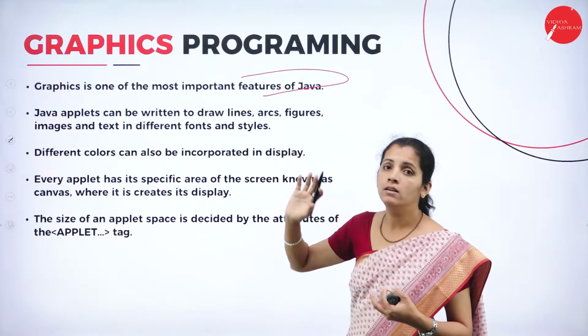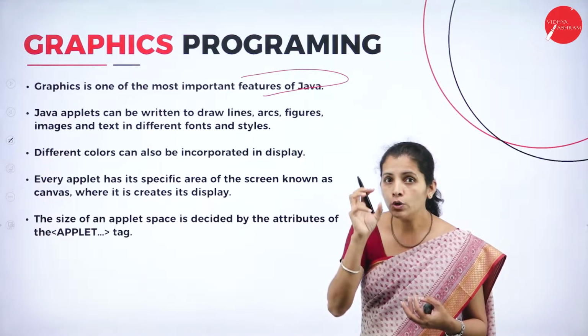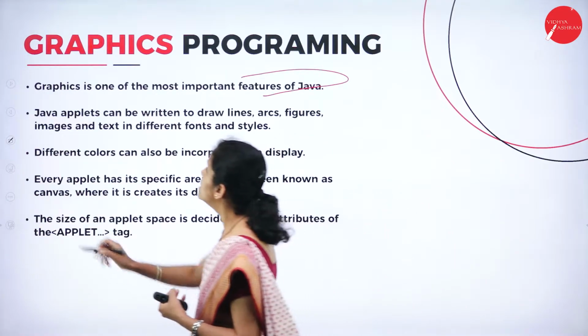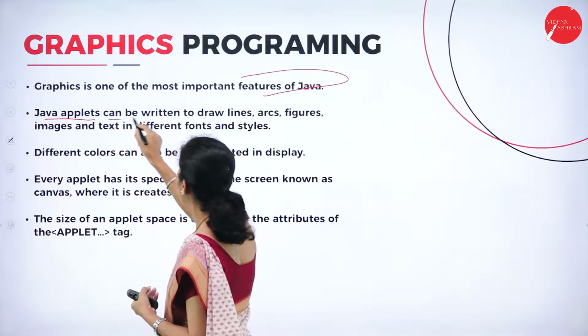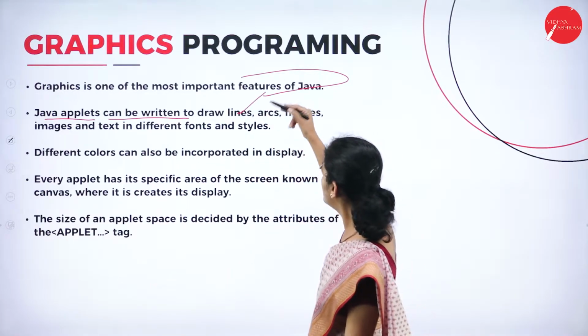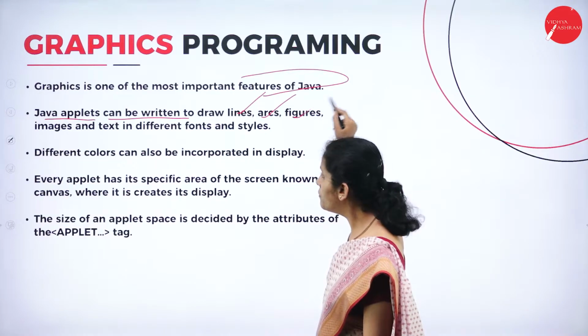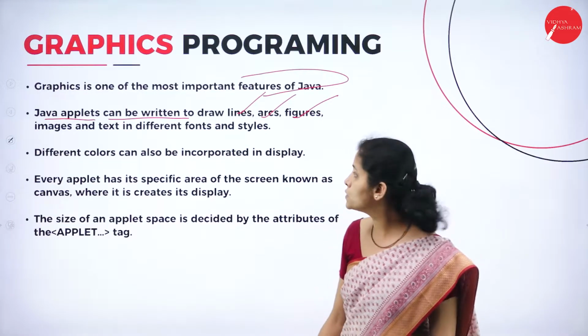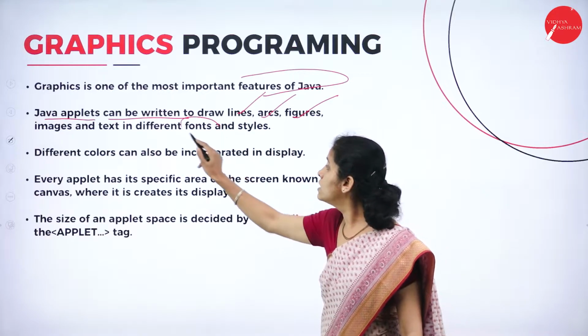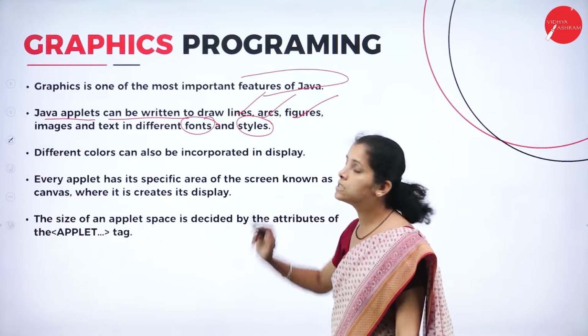To design graphics, I'm going to use Abstract Windows Toolkit. So Java applets can be written to draw lines, arcs, figures, images as well as text in different fonts and different styles.